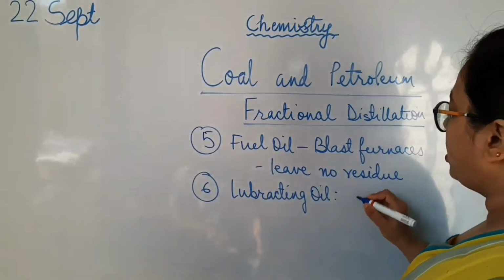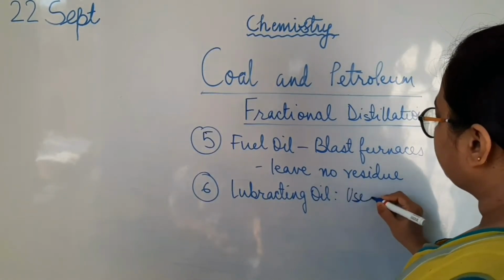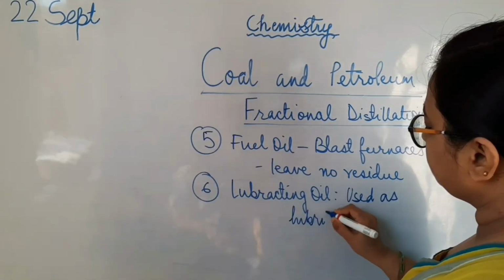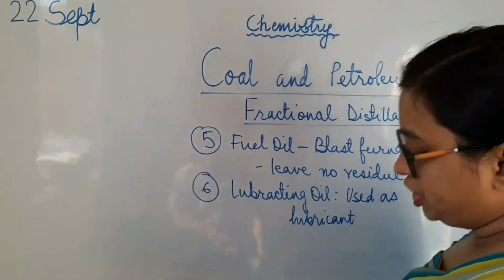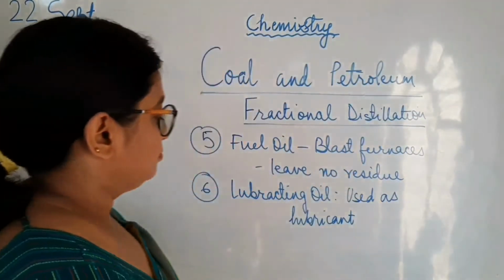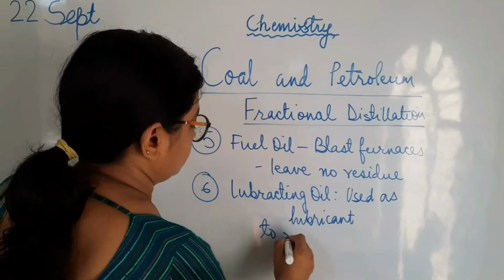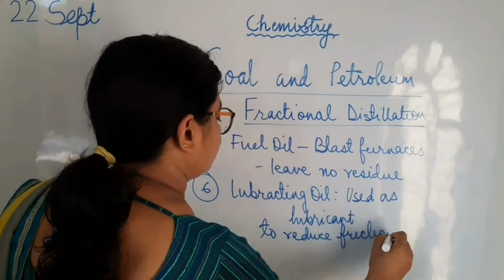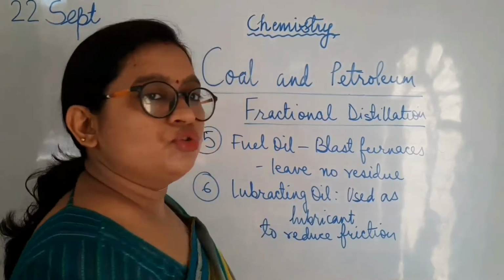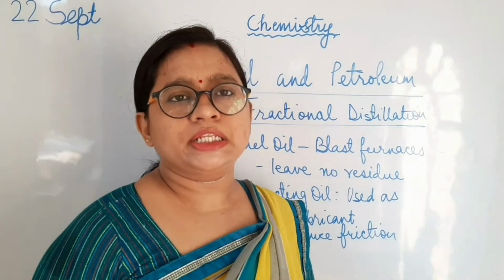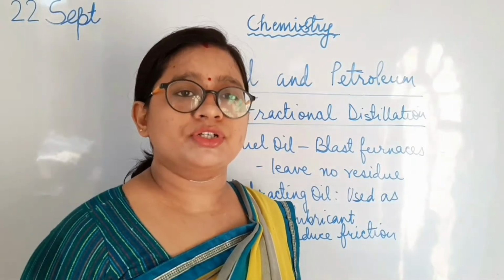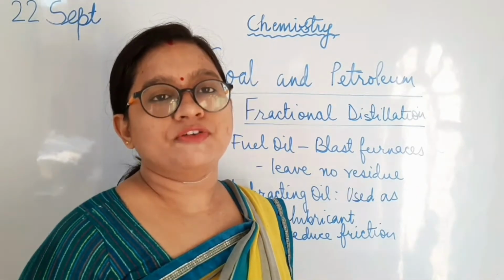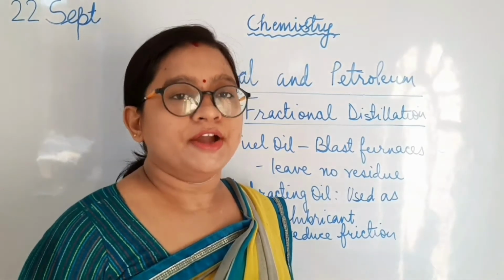So it is used to reduce friction, especially in the industry where heavy machinery is used. Then lubricating oil comes in very handy to reduce the friction. Otherwise the machine will get spoiled very easily.